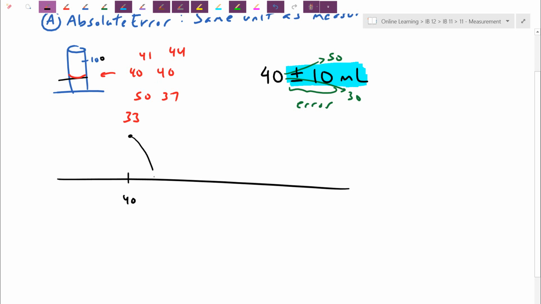It shouldn't be anywhere past 50. It shouldn't be anywhere past 30 here. In that case, this plus or minus is going to be equal chance of being right or wrong. You see that that plus or minus is actually an indication of random error. So that's an indication of just fluctuations. It could be wrong on either side. I'm not expecting it to be far off what the real mark is.